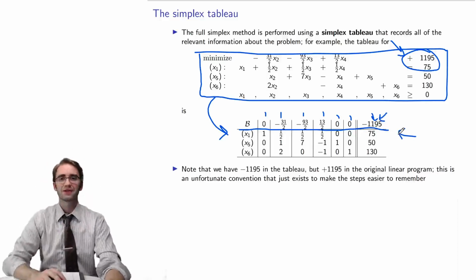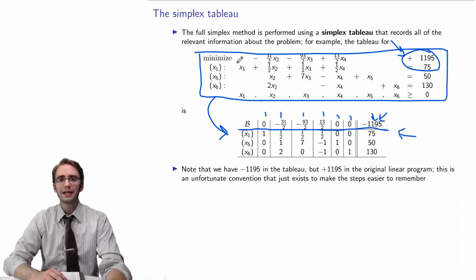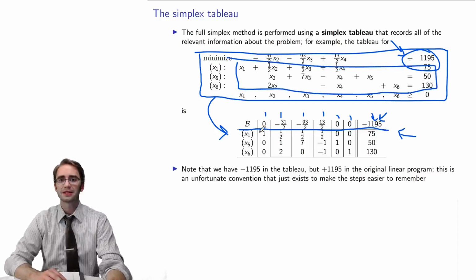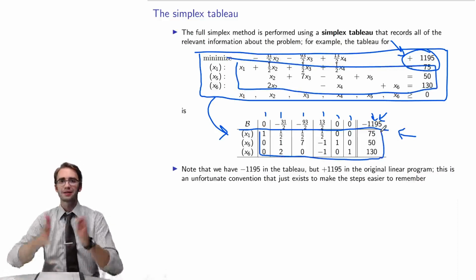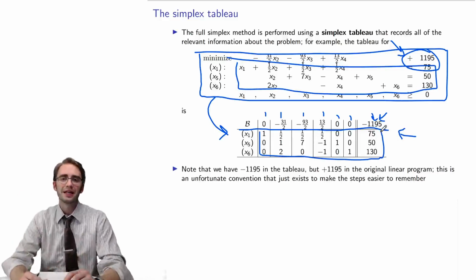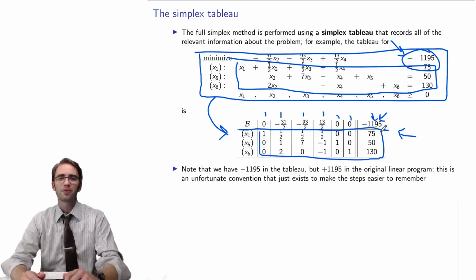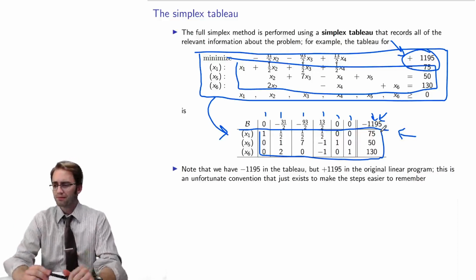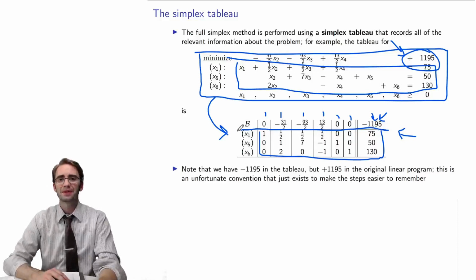But for now, you'll just have to trust me. Then the rest is just the coefficients of these expressions, and you put them in this table down here. So it's really just like writing the whole system in a big matrix, and the simplex method is nothing more than Gaussian row elimination with a little bit of extra bookkeeping to take care of.